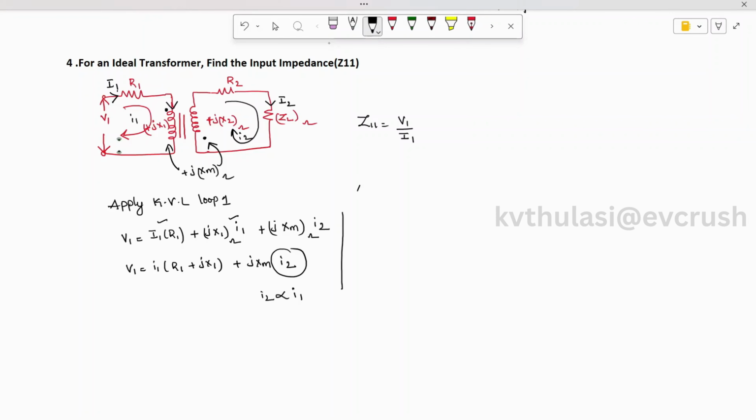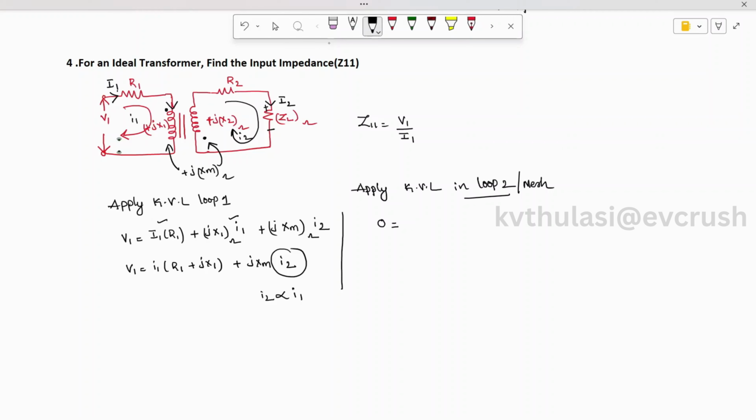The first loop is completed. Let's apply Kirchhoff's voltage law in loop number 2, the second mesh. There is no voltage source, so the source is 0, and the drops are taken as positive.